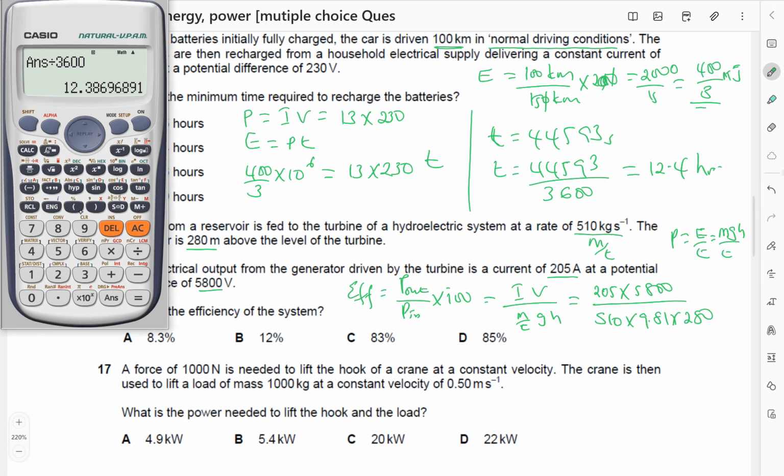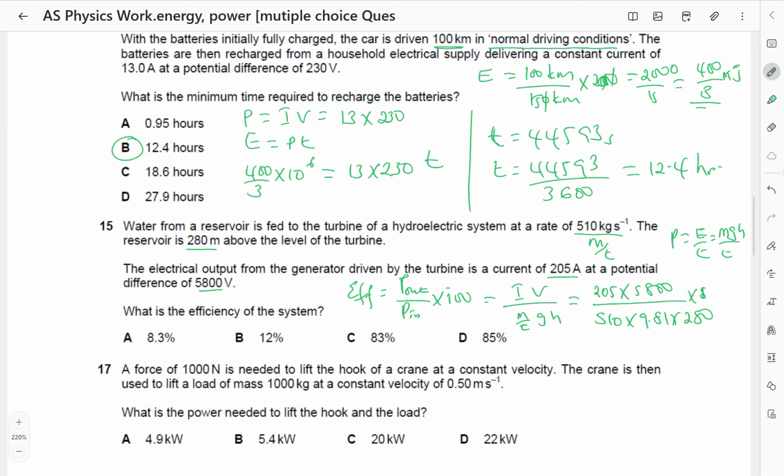So when I multiply this by 100, it is giving me 85%, which means the answer will be D.